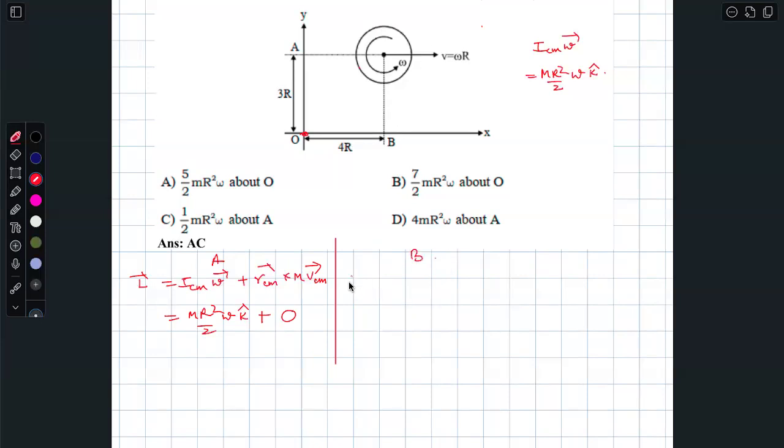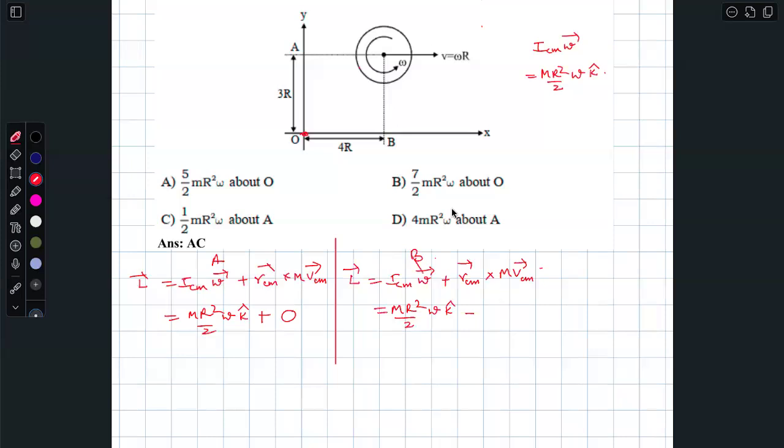If you take it about B, RCM bar VCM bar is into the plane. Why? RCM, VCM, your thumb into the plane of the paper.